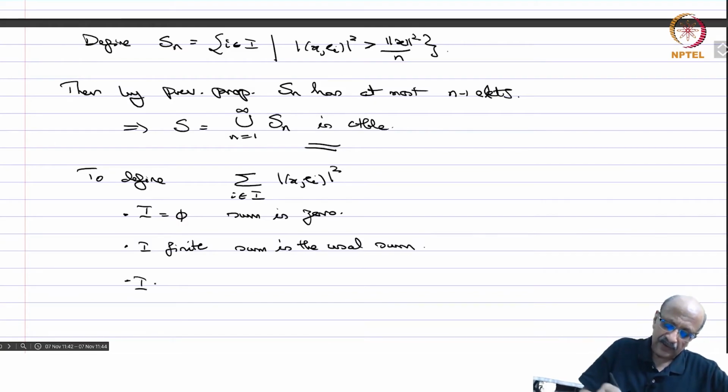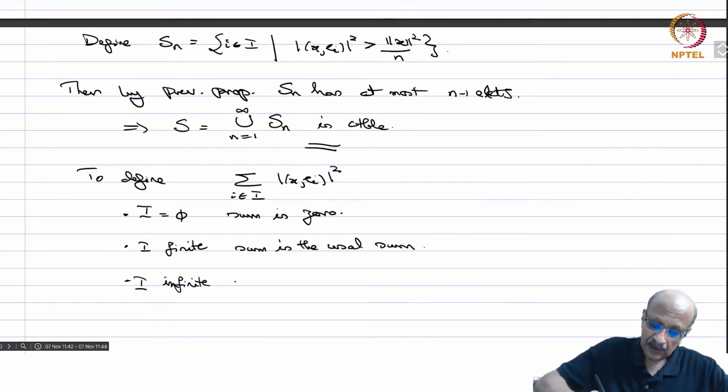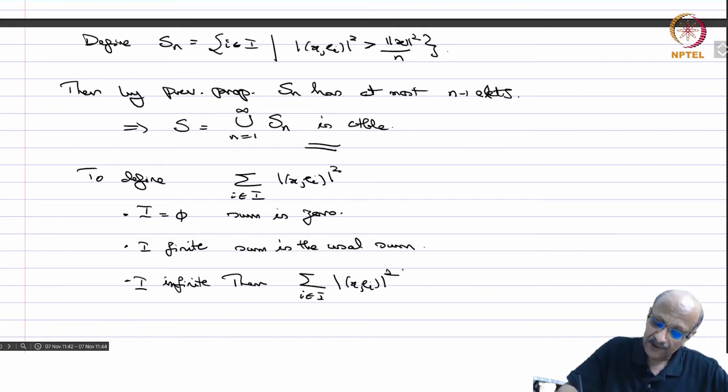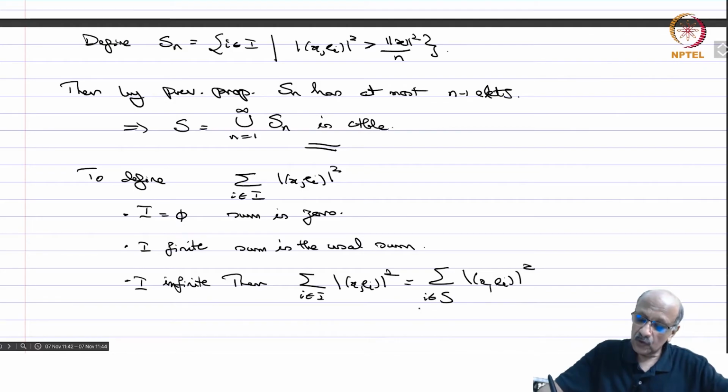If I is infinite, then the sum over i in I of mod <x, e_i> square is nothing but the sum over i in S of mod <x, e_i> square, which is a countable set. So you take a numbering.